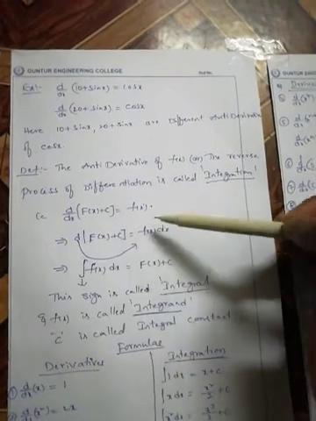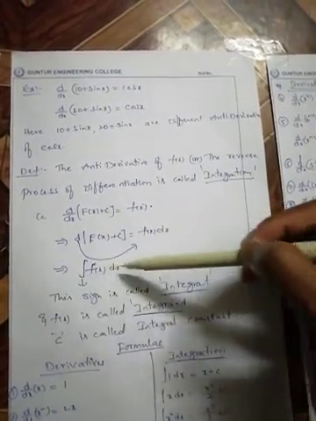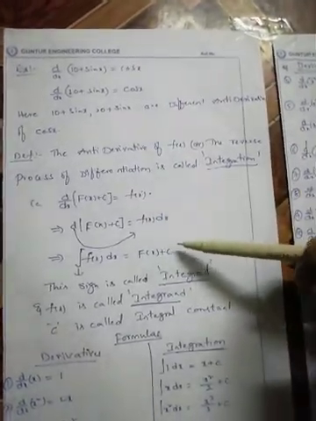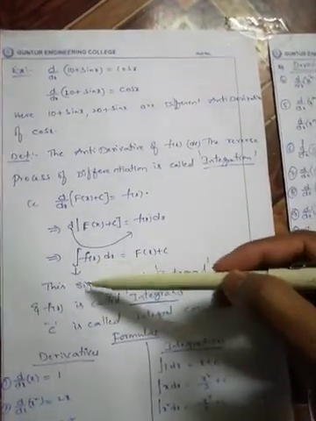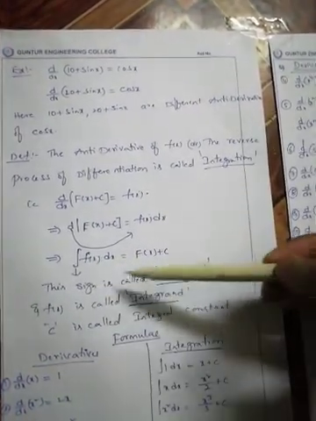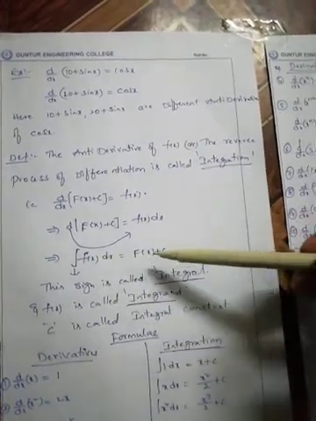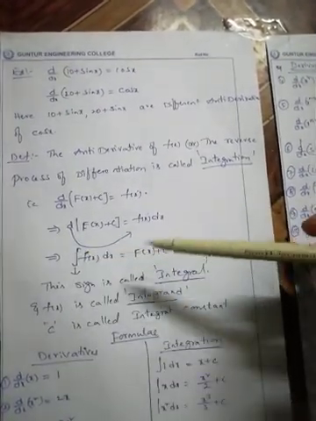Converting the derivative to an integral, integral f of x dx is equal to capital F of x plus c. Here c is called the integral constant, this sign is called the integral, and f of x is called the integrand. Therefore, integral f of x dx is equal to F of x plus c.